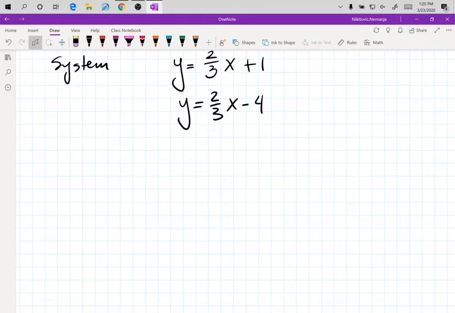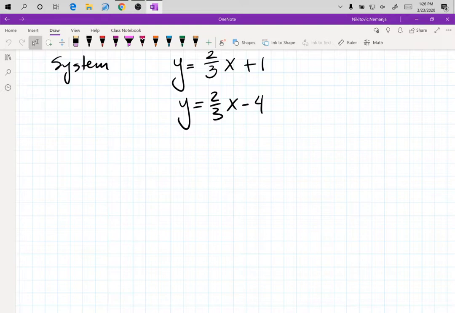So this would be a situation when the system has no solution because the lines are parallel. Now, how do we know the lines are parallel? In the previous chapter, we learned that parallel lines have the same slope, right? So these are clearly not the same lines because 1 and -4 are not the same number, but they have the same slope. So we can see that these are parallel immediately because the slope is the same. And we can just say lines are parallel, no solution.